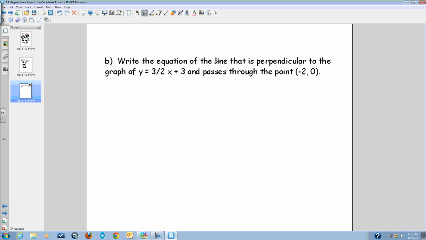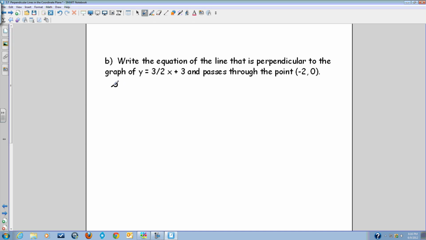Moving on to the next page. Write the equation of the line that is perpendicular to the graph of y equals 3/2 x plus 3 and passes through the point (-2, 0). Now the slope of this particular line is 3/2, and we need to find the slope of our new line.